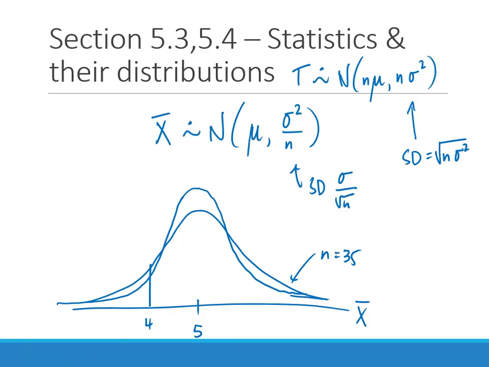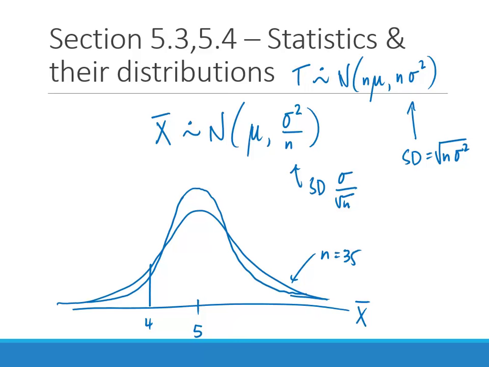The distribution's getting bunched up, more peaked in the middle, so the area outside in the tail will be smaller. So the variance is decreasing because as n is increasing, the expected value becomes closer and closer. Exactly right. As the variance gets smaller, the mean will have less and less variability. It'll get closer and closer to the expected value.